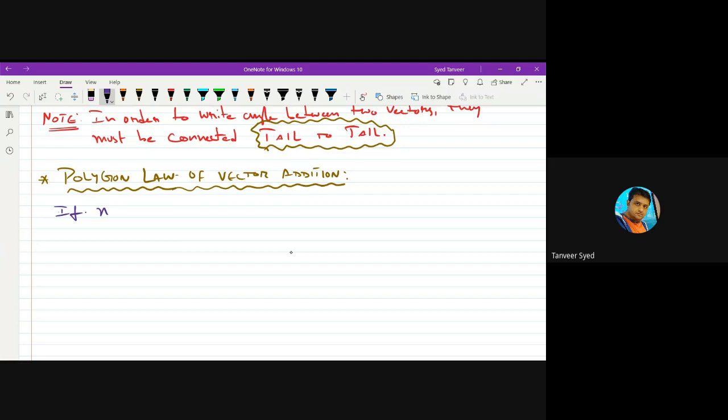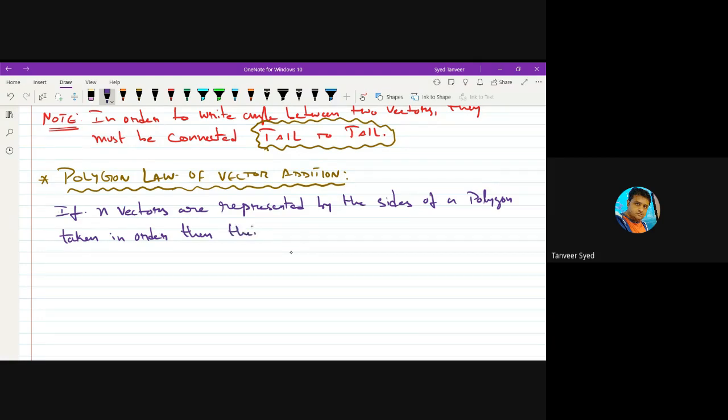If n vectors are represented by the sides of a polygon taken in order, then the resultant is given by the closing side of the polygon taken in reverse order.